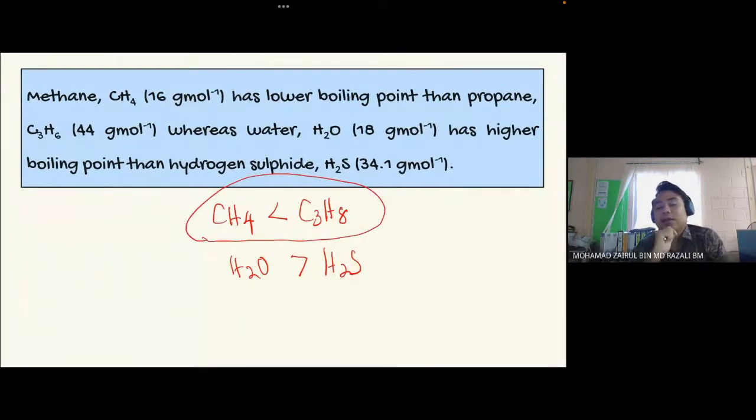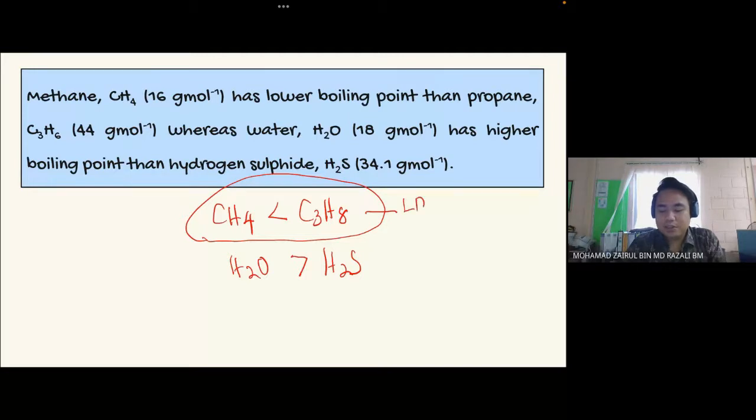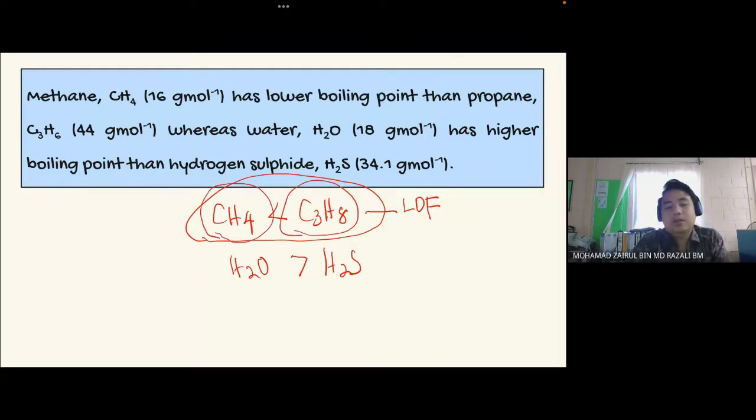What is the similarity between methane and propane? The similarity is the type of bond, or rather intermolecular forces, right? We must remember, any organic compound that has only carbon and hydrogen must be non-polar. Non-polar has London dispersion forces. Okay, but why does methane have a lower boiling point compared to propane? Why?